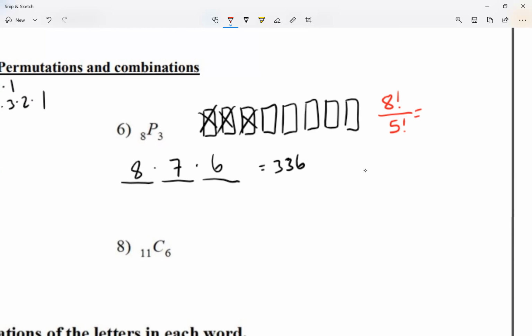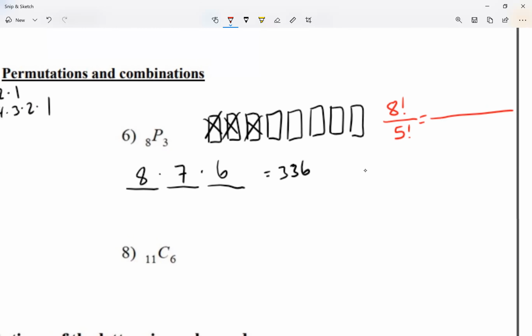So when you think about this, it's 8 times 7 times 6 times 5 times 4 times 3 times 2 times 1 over 5 factorial, which is 5 times 4 times 3 times 2 times 1. If I cancel these numbers, 8 times 7 times 6.